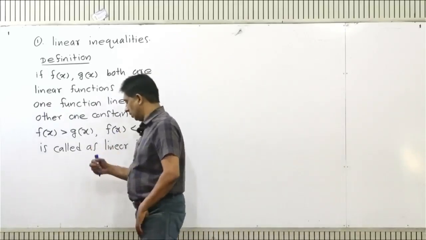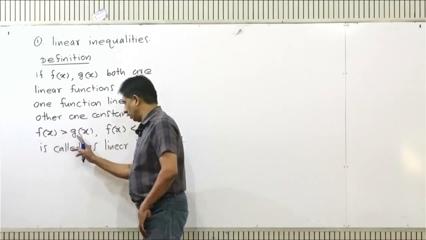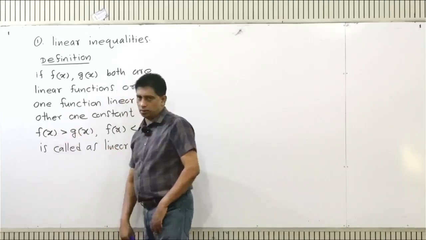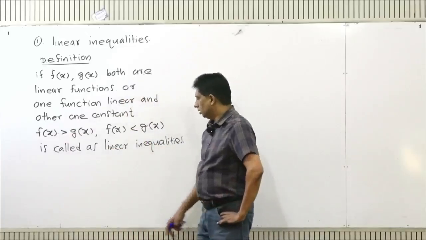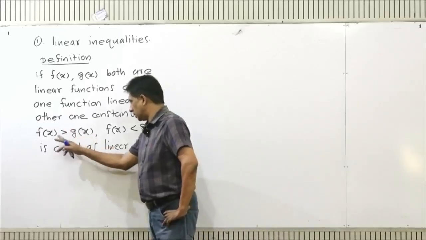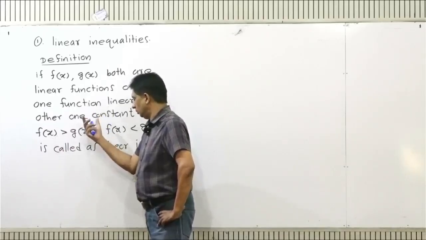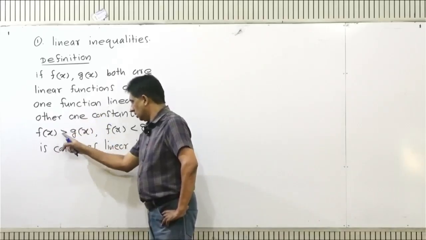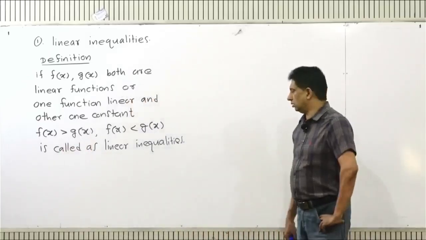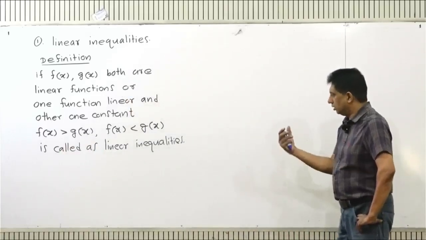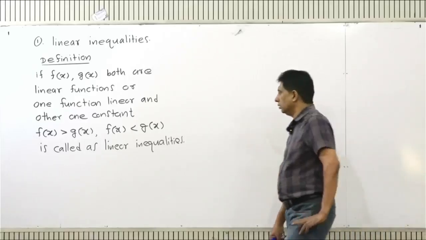The meaning of this is that there is an inequality mark, and the left hand side and right hand side are two functions, f(x) and g(x). If both functions are linear functions, or one function is linear and the other one is constant, then this type of inequality is called a linear inequality, right?